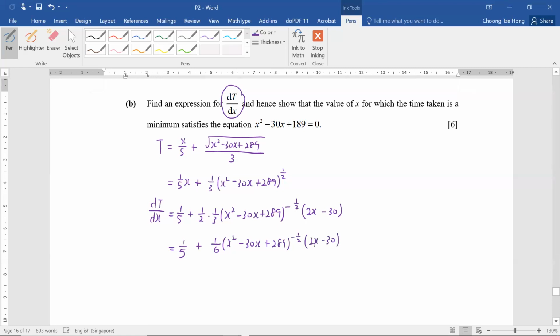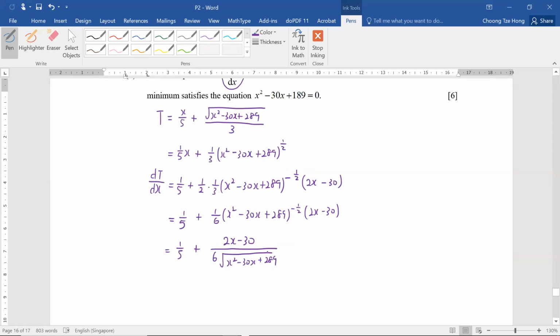We'll do an extra step. We'll put the 2x minus 30 on top, and the 1/6 goes below. We want positive power, so we bring this x squared minus 30x plus 289 power negative half down, so it becomes power half. Power half is a square root, so we will get this.